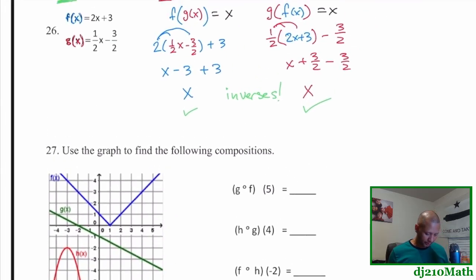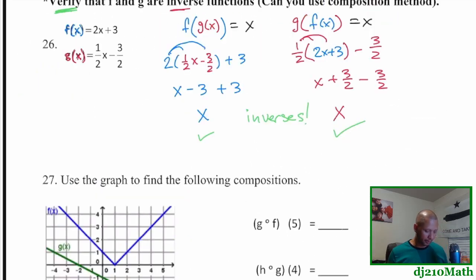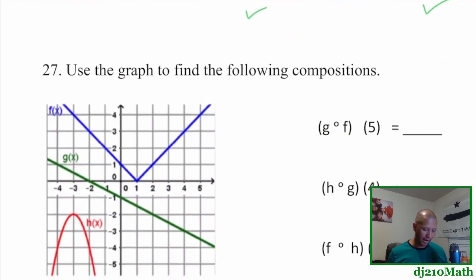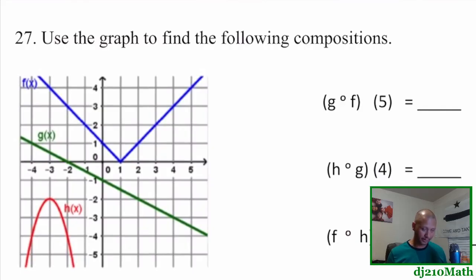Okay, so more on composition. That was when we're composing two functions. Now, graphically, we're going to do the same thing in a sense, but we're going to compose f, g, and h with different x values. So I'm going to use black.